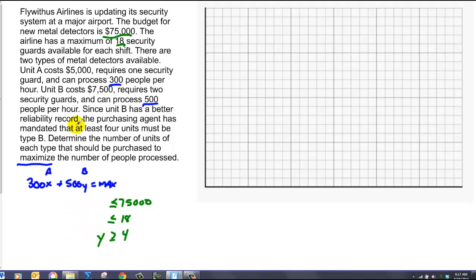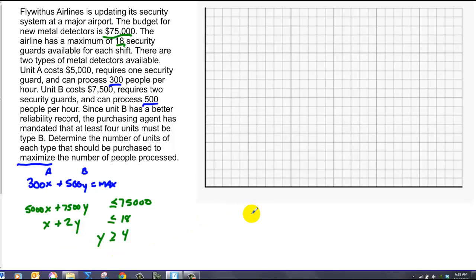So now I look for information regarding how much these cost, and it appears that A is $5,000 each, and B is $7,500 each. And then to run A, I need 1 guard, and to run B, I need 2 guards.